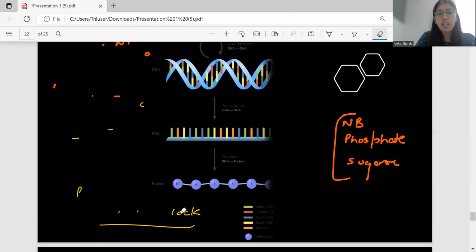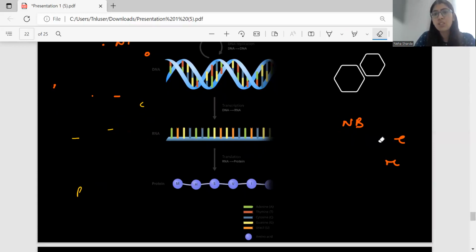Any change in the sequence of this DNA will give rise to mutation. So this is the central dogma.